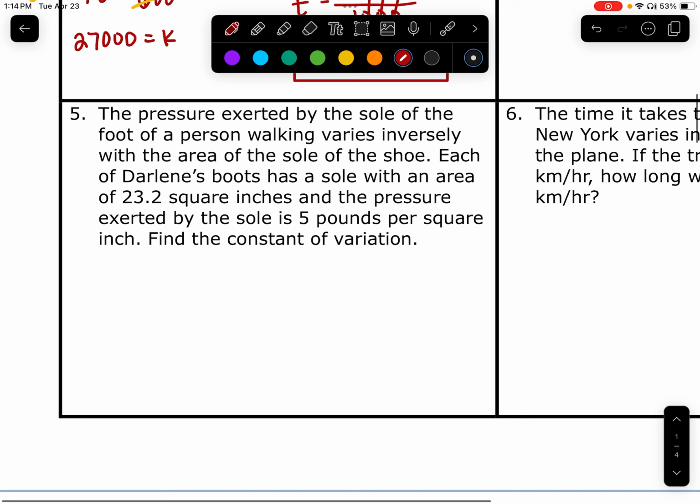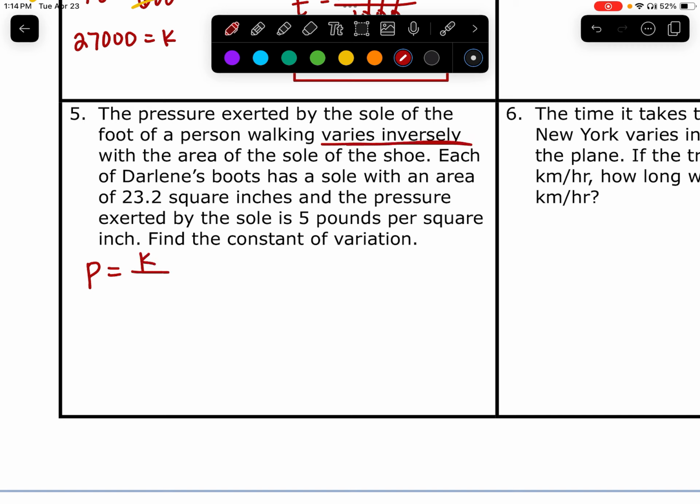Number 5, the pressure exerted by the sole of the foot of a person, so pressure varies inversely, so K goes at the top for that, with the area of the sole of the shoe. Each of Darlene's boots has a sole with an area of 23.2 square inches, and the pressure exerted is 5 pounds per square inch.